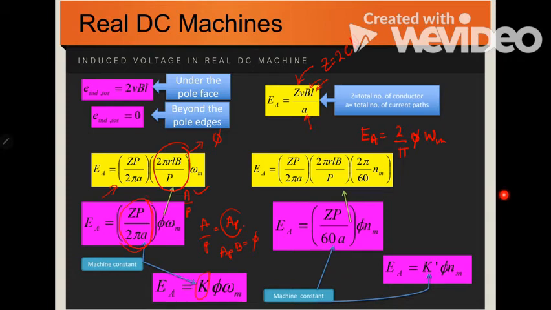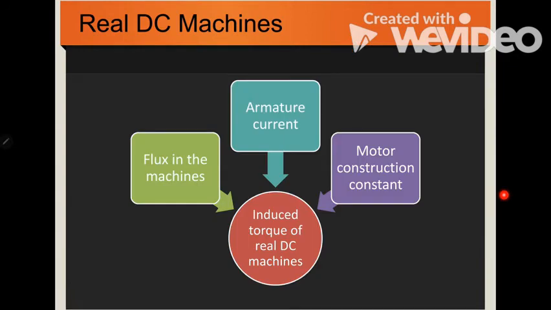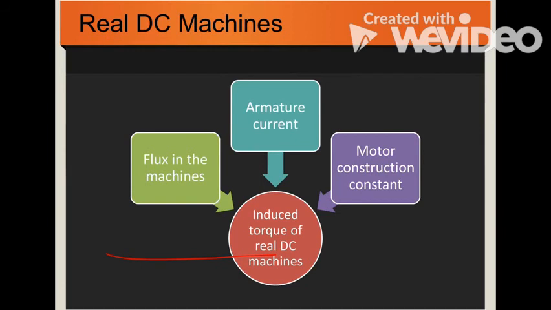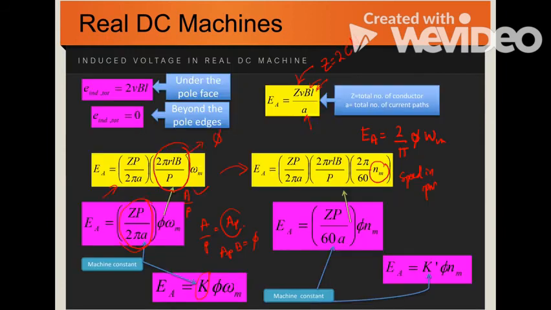Okay, so the same equation can also be written like this if we replace omega with the term RPM. So N here is speed in RPM. So you will see that the term now has an added 2 pi over 60, right?